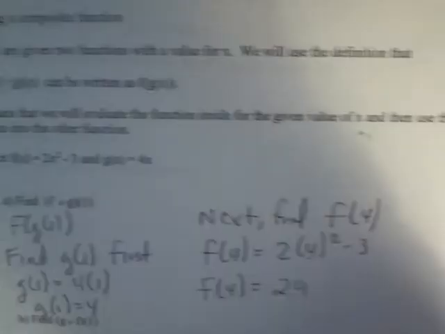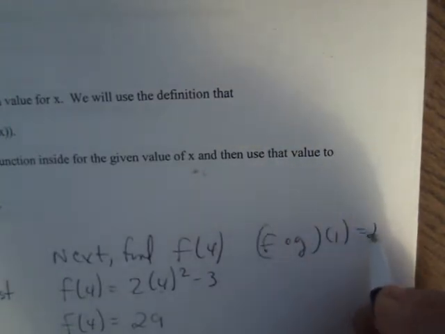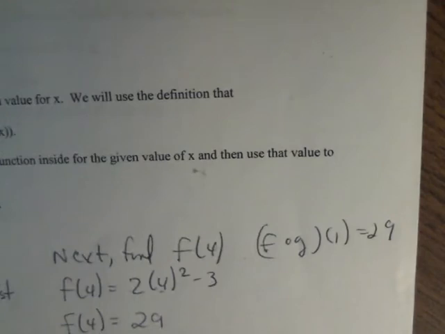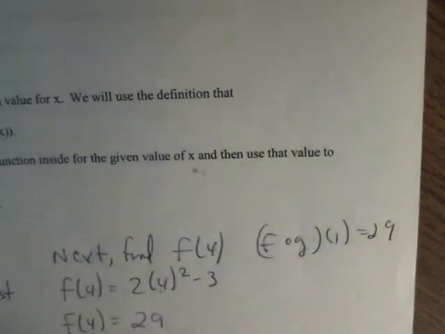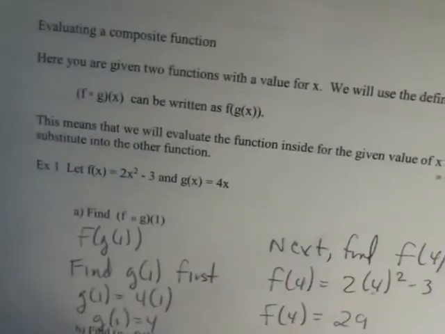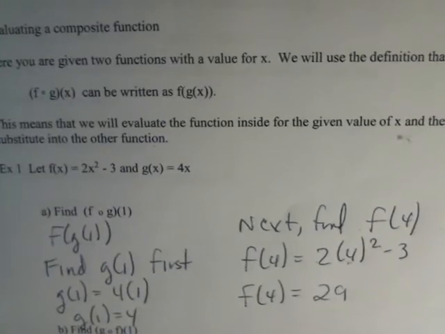So what I end up with is f composed with g of 1 is 29. We only have one answer. It just so happens that we had to evaluate g first to get that final answer.